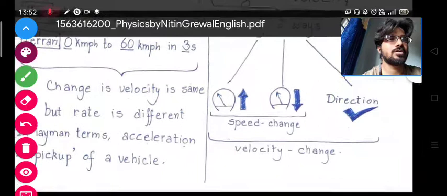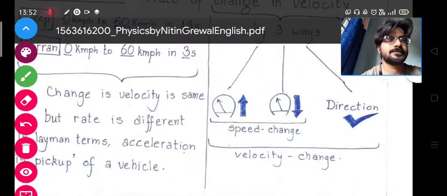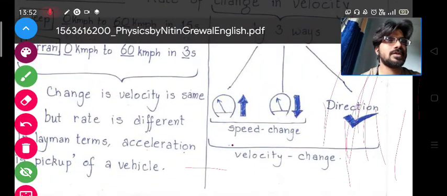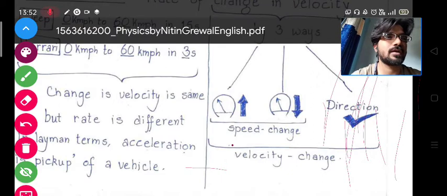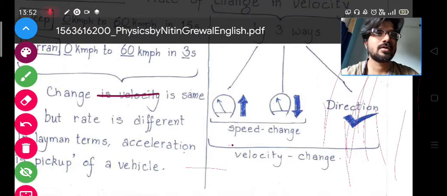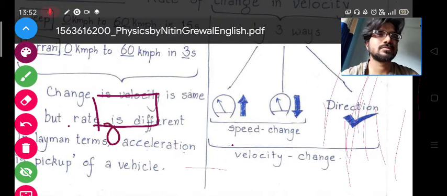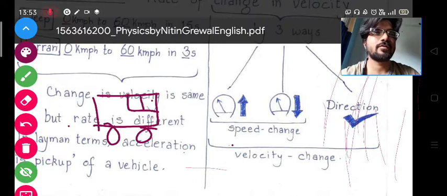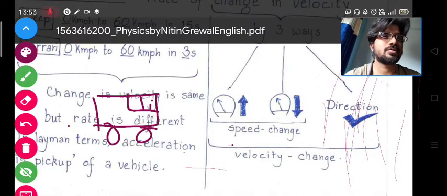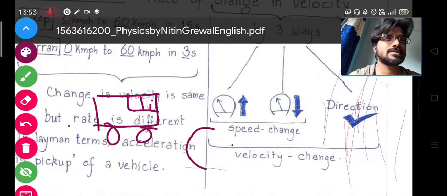So no matter what, suppose there is a vehicle, a bus, and there is a driver here. The driver has two things: one is the accelerator, represented by A, and one is the brake.